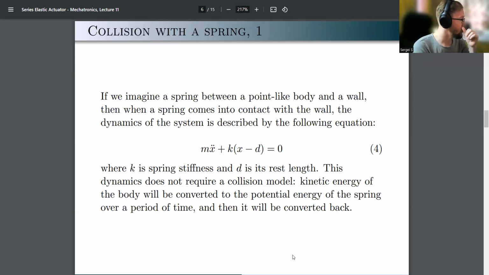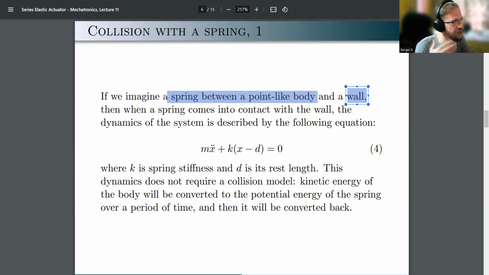Now we could imagine a different situation, right? A different situation would be if we had a spring between a point-like body and a wall. Okay. So instead of having a point-like body colliding with a wall directly, we'll have a spring between them.